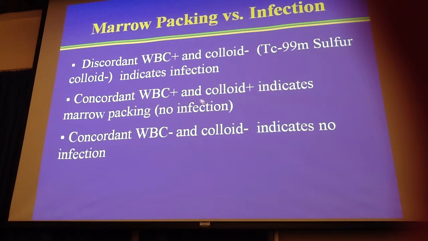Concordant means that they're either both positive or both negative, which means there's no infection. But if you have white blood cell positive and the colloid positive, then you have marrow packing. For some reason you've got bone marrow that's a little overactive in the area, which may be a good site for a biopsy if you have other blood problems going on. Does that make sense?